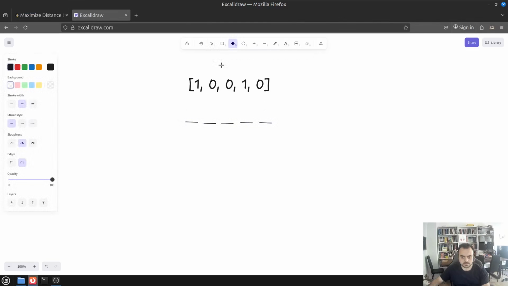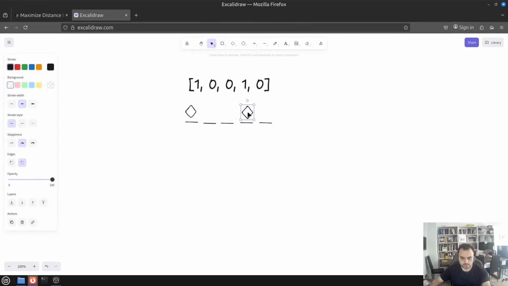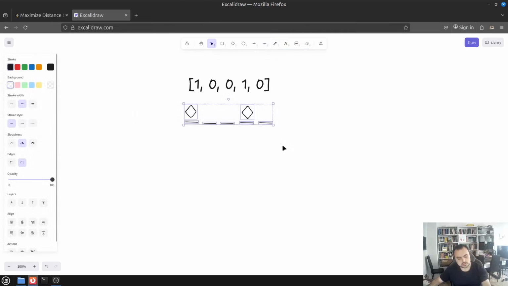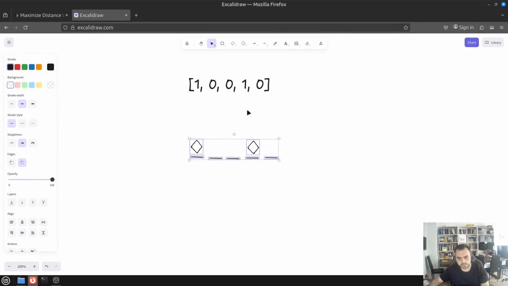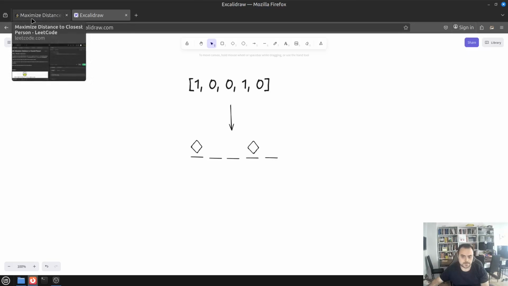And if the person is sitting, then we have 1. And if we have 0, then there is no one there. And that's more or less what it means. Maybe let's just move it a bit below. And that's our graphical interpretation of an example input.